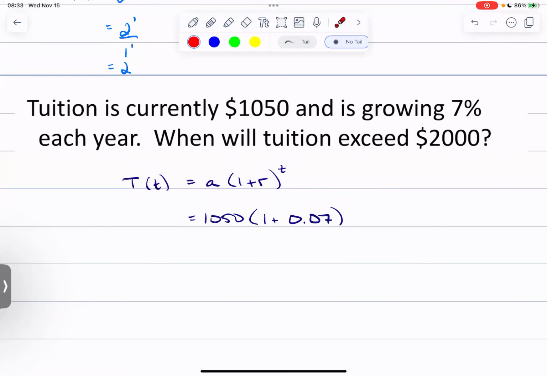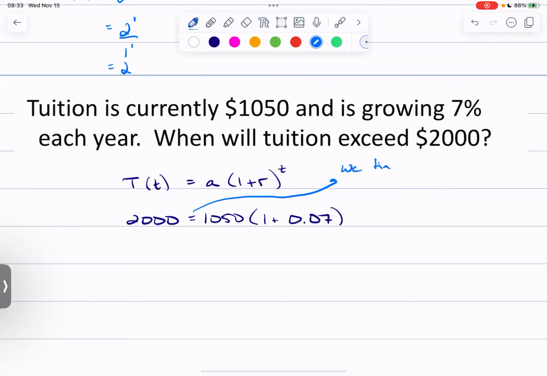It's only going to go up, right? It's growing 7% per year. So if it's going to exceed 2,000, we can just find the time point where it hits 2,000, and then anything after that is going to exceed 2,000, right? So usually, even though this should be an inequality, greater than 2,000, I don't like to deal with inequalities if I don't have to. So I'm going to find the value where the tuition is 2,000, and then anything after that, I'll make a note here.